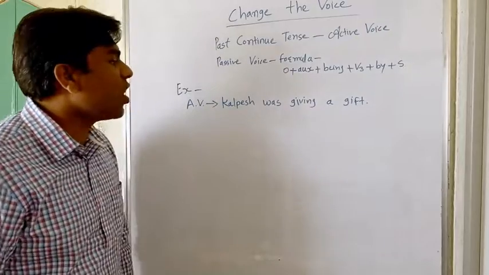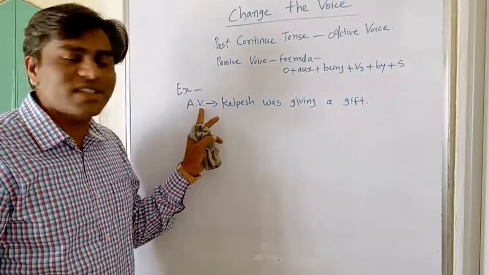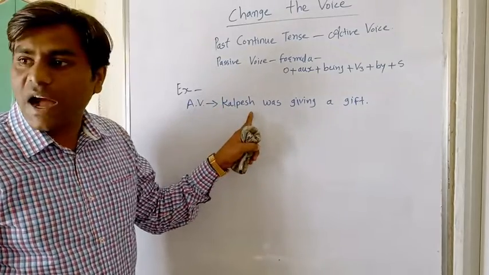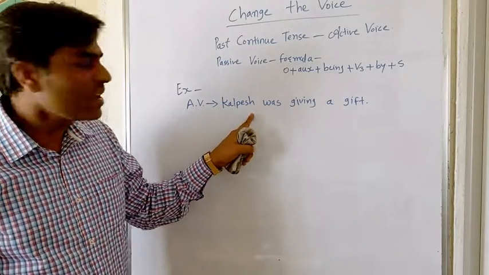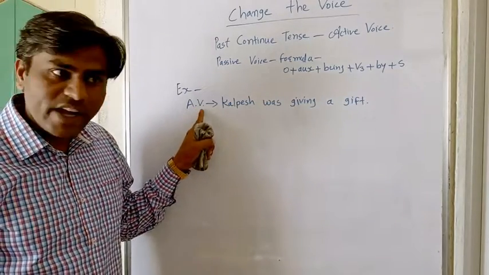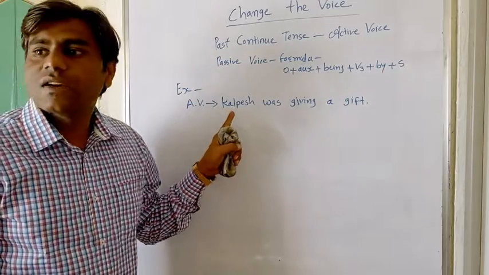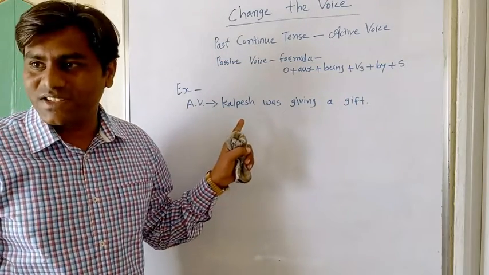Kalpesh was giving a gift. This is an active voice sentence in past continuous tense. AV means active voice. It is in past continuous tense.